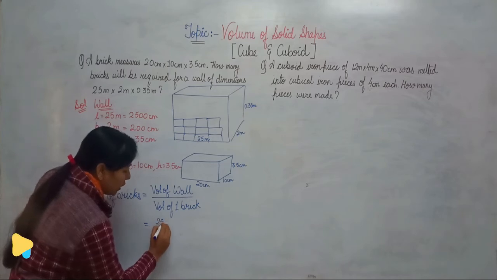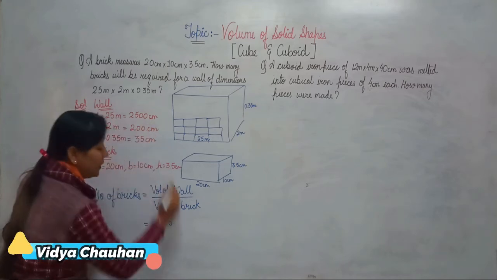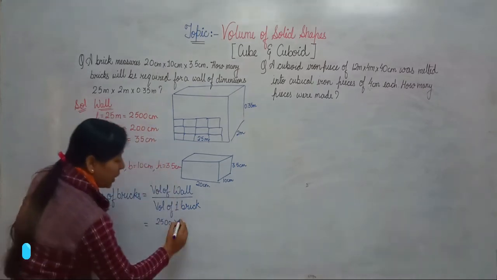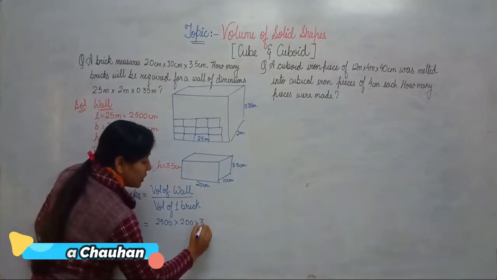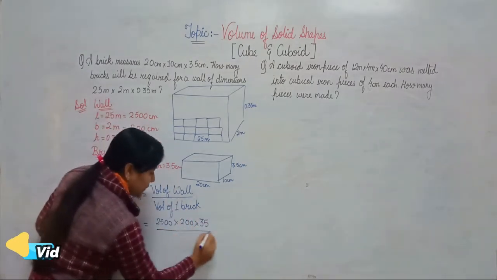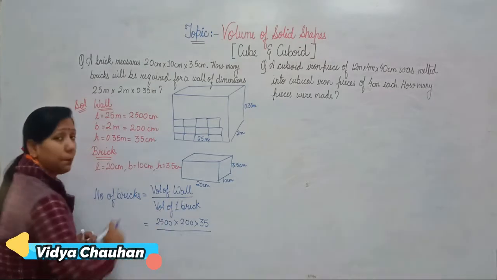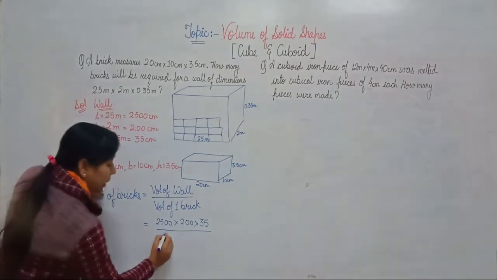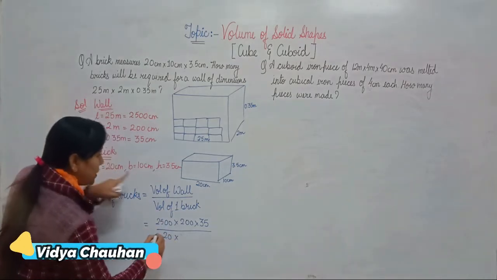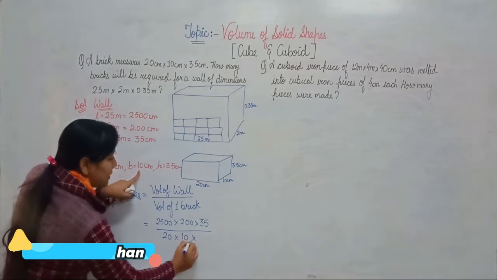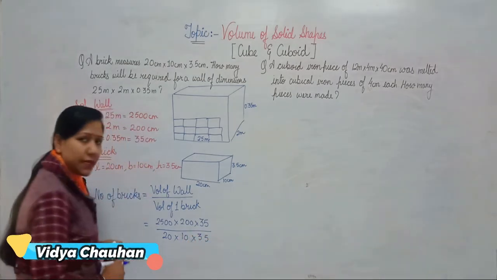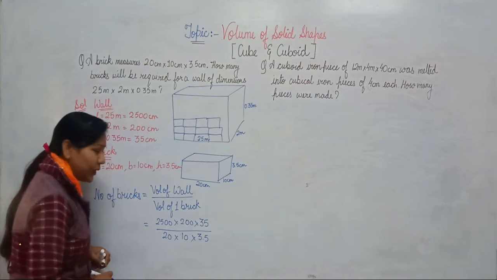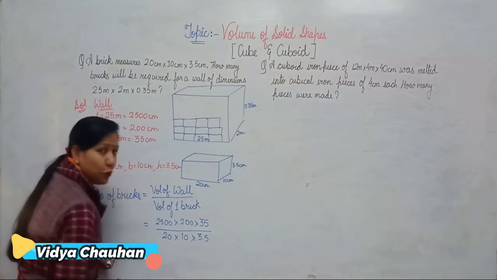So that is 2500, the length, multiplied by 200, the breadth, and 35 centimeter, which is the height, upon the volume of the brick. For the brick, the length is 20 centimeter, breadth 10 centimeter and height 3.5 centimeter. Clear students?